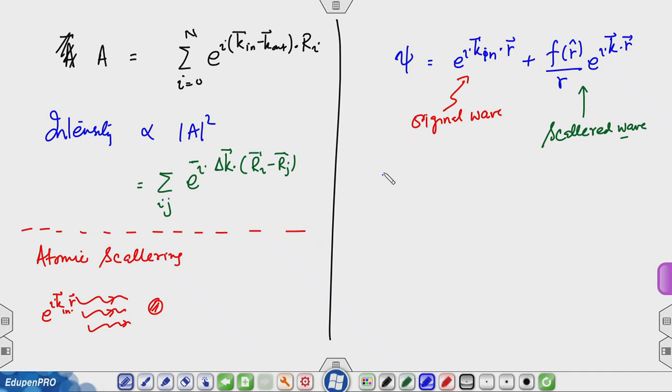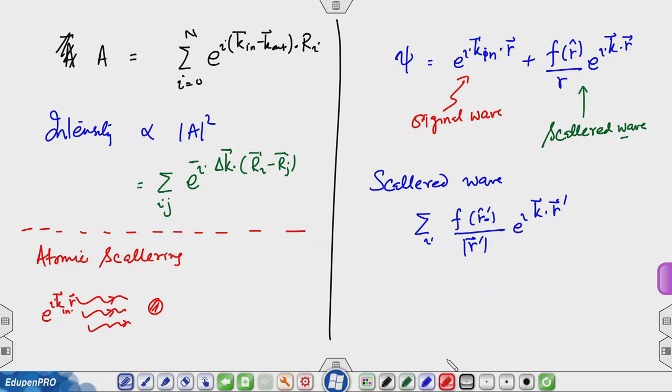So, you are going to have the scattered wave as summation over i of f(r') divided by mod r' e raised to i k dot r', where r' is equal to r minus r_i. Let us call it r'_i.